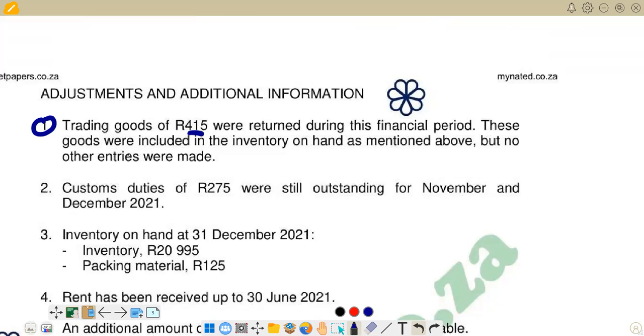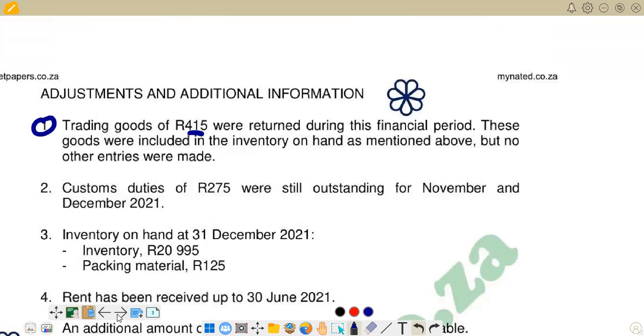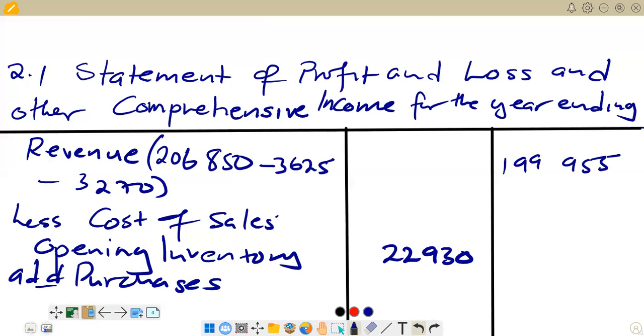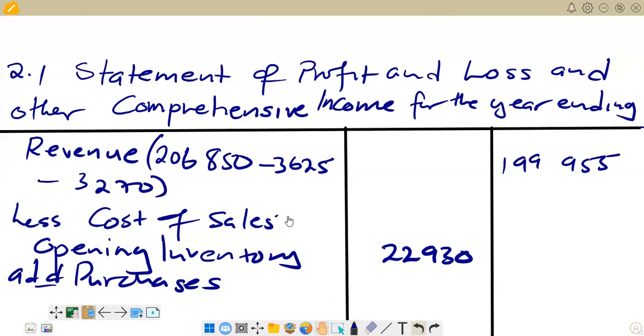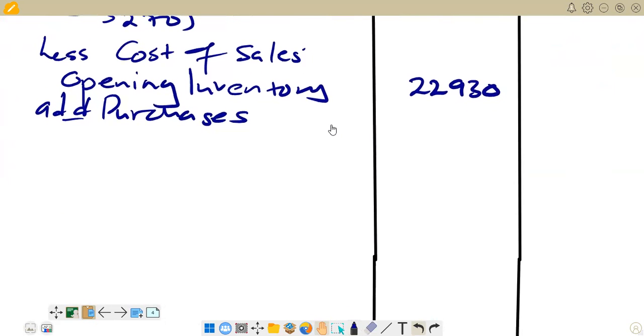So we go back to see what adjustments we are going to do. Remember, the figure for purchases is 71,750, and then we subtract the settlement discount received, 285, plus the returns, which is 415, that we discovered in the additional information. So we just summarize that working for purchases in brackets.